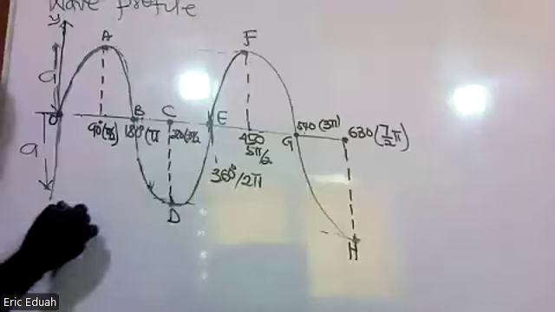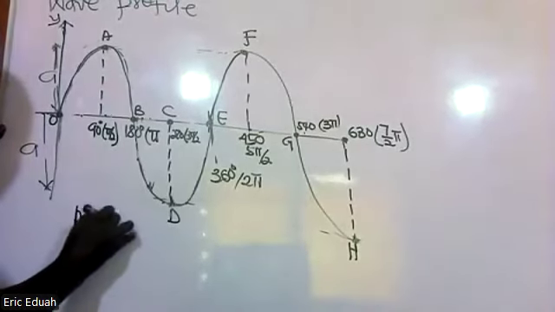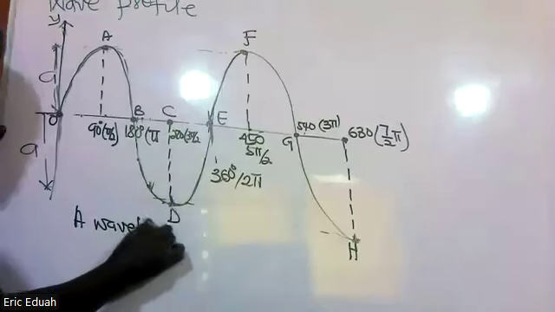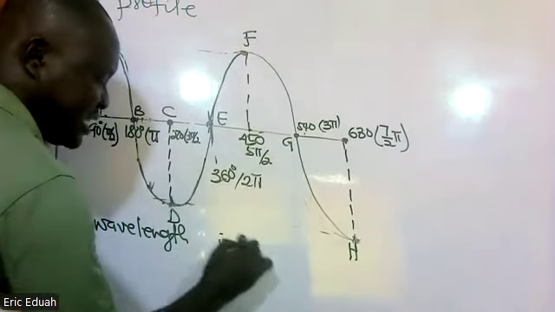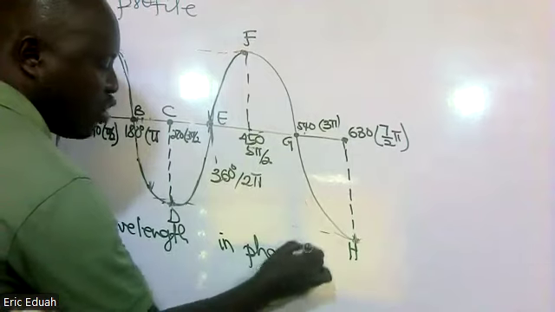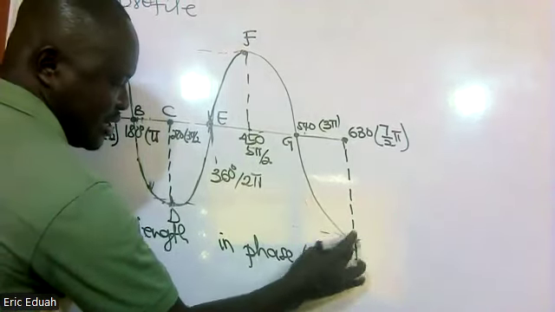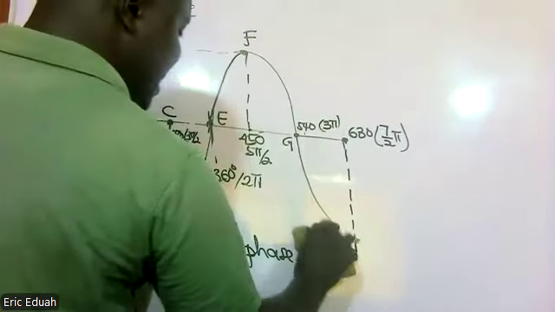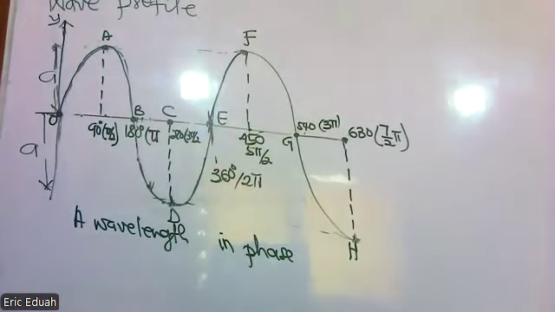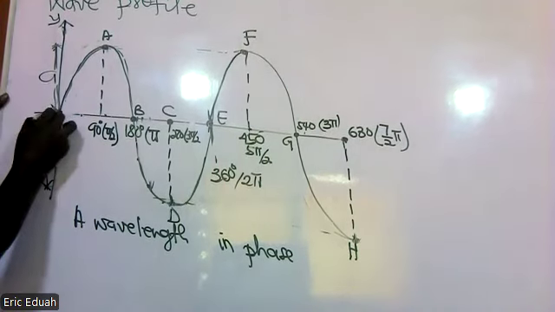Now, we are saying that a wavelength is the distance between 2 points that are in phase. Please check the spelling: in phase. When points are in phase, they occur at the same angle. So let's notice the points that occur at the same angle. This is 0.